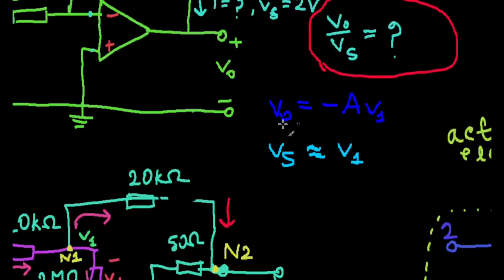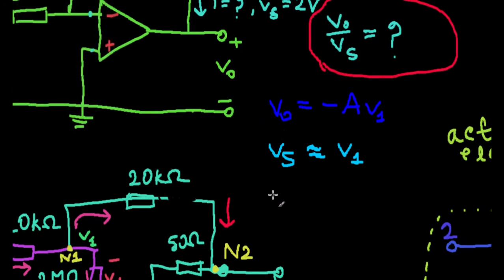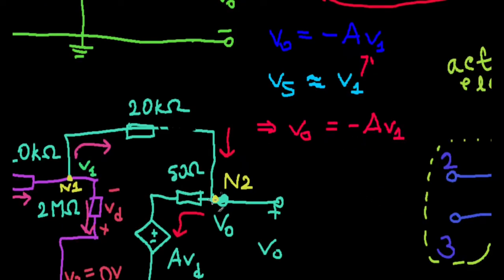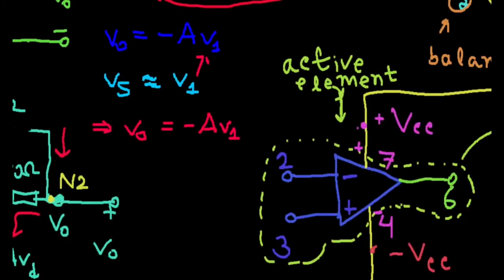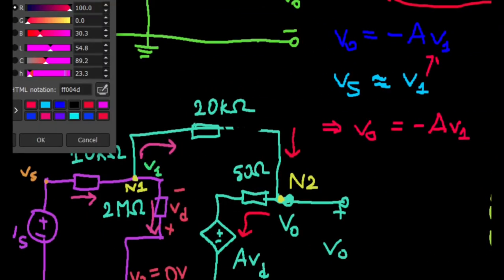If these two are true, we just combine them. If we substitute for V1 here, you get V naught equals negative A times Vs. We got this equation, but we need to be very careful.